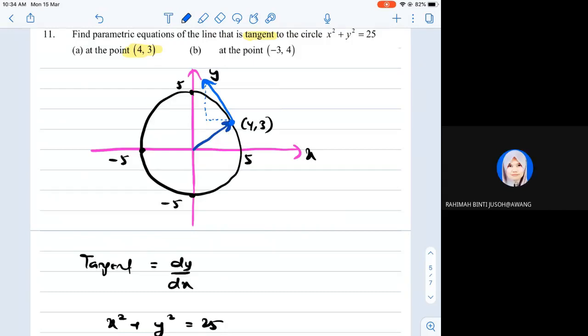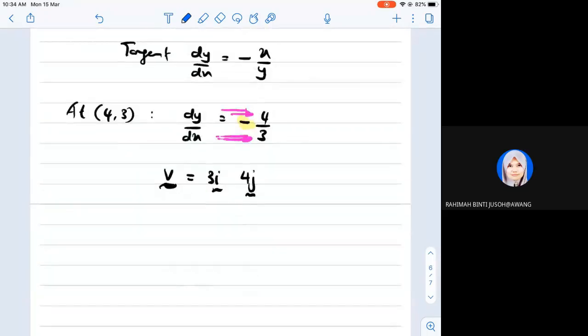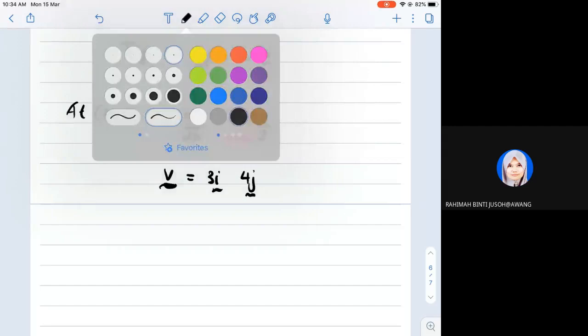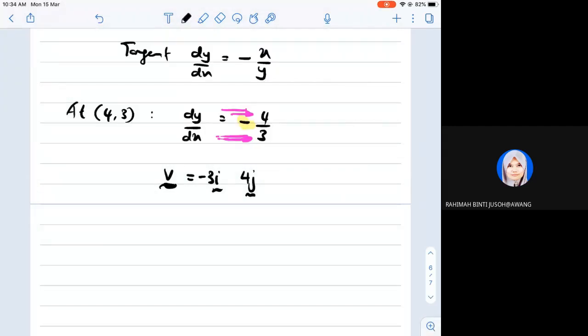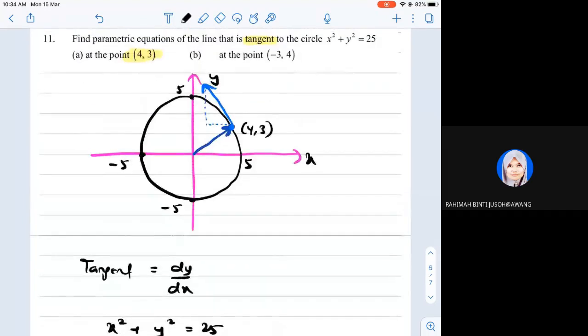Yes. So bila kita negative x, maksudnya negative tu belongs to x lah. So kita ambil negative tu here on I direction. And then 4 dia jadi positive 4j. Okay, sebab saya consider yang ke atas macam ni. So negative 3 to the left and then we goes up positive 4.